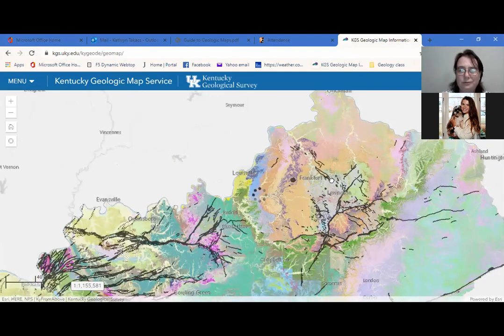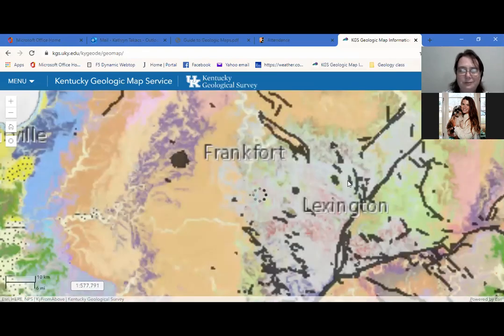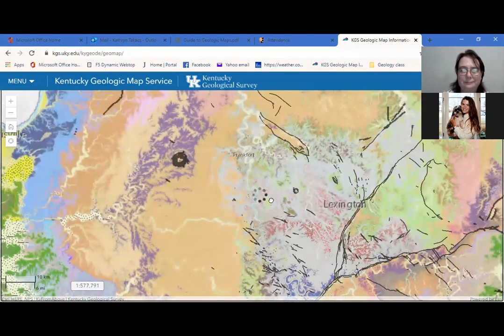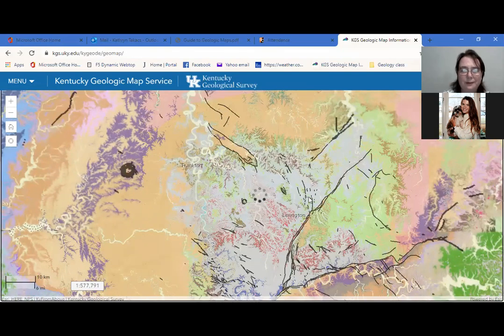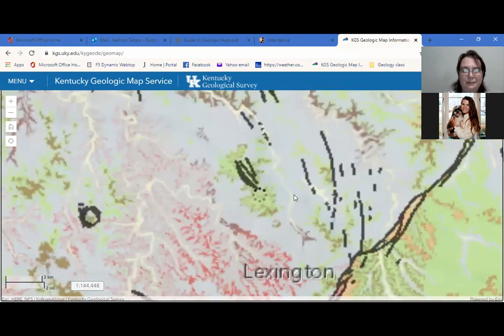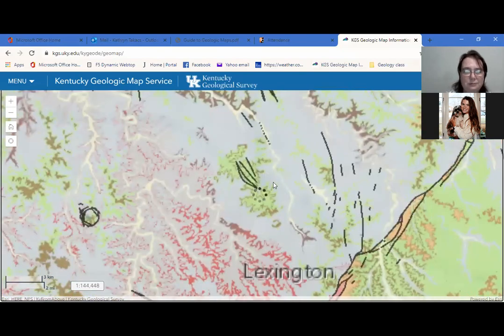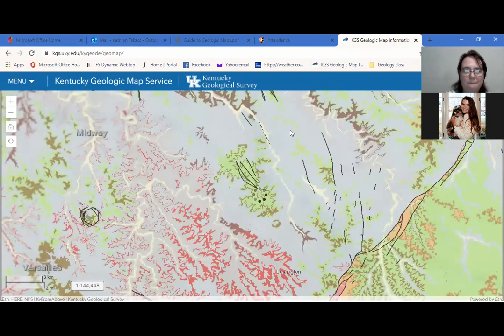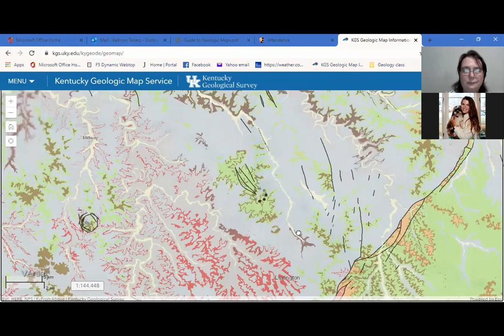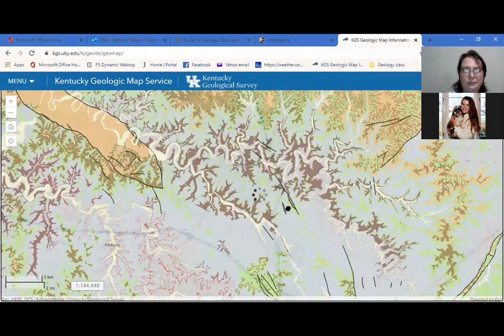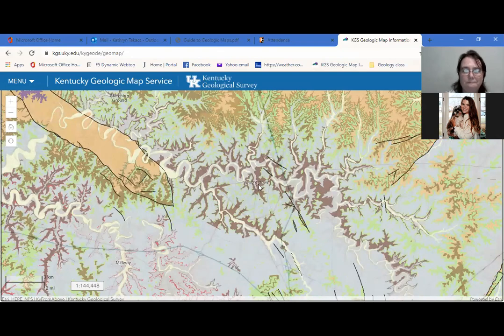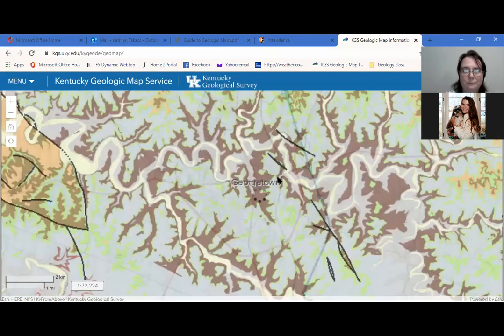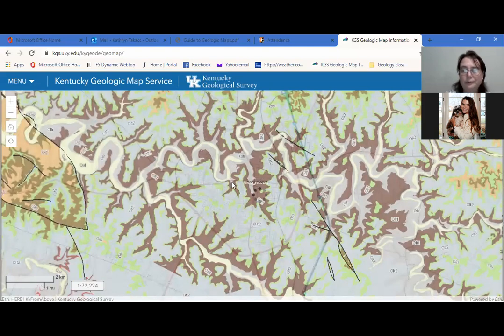You can roll your mouse and zoom in, and we're going to look at a couple of these in class. And it's slow. Let me find Georgetown. Here's Georgetown. So we're going to actually look at this particular map in class.